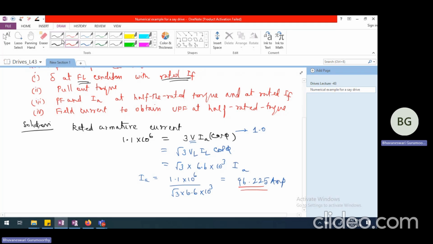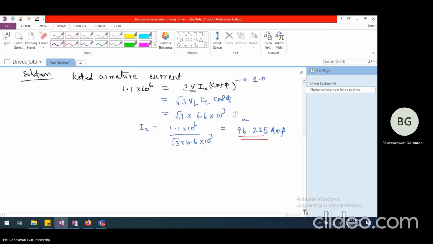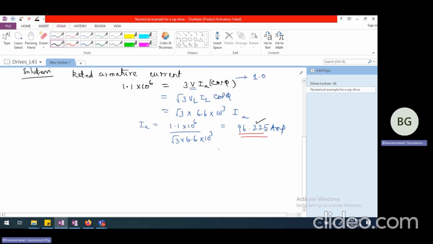Now, what is being asked is to calculate delta at full load condition with rated IF. We already have the armature current, so we can say E angle minus delta equals V minus J XS IA angle phi. Because it is unity power factor, phi is 0 degree, so there is nothing to write there.